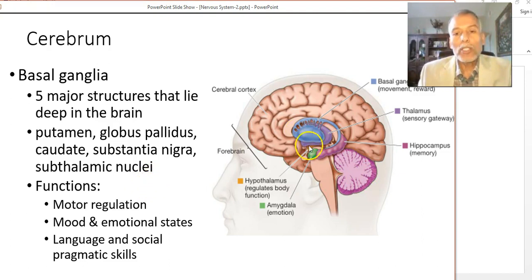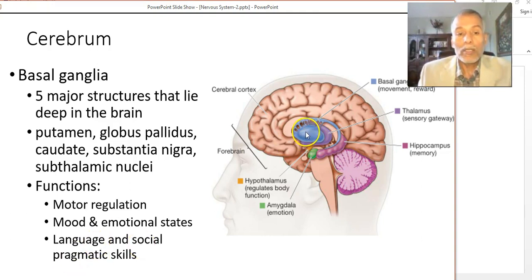So the main functions of the basal ganglia: they are critical for connecting the top part of the cerebral cortex, white matter, gray matter, with the lower parts of the brain. So they have motor regulation functions, regulate your movement. They regulate your mood and your emotional states. If you are angry, if you are happy, and so on.